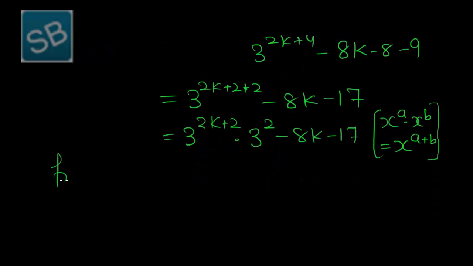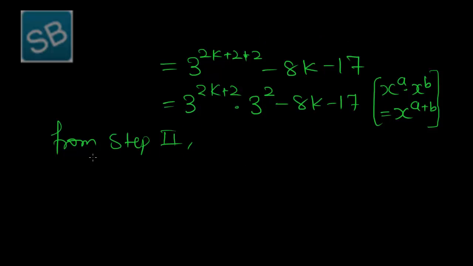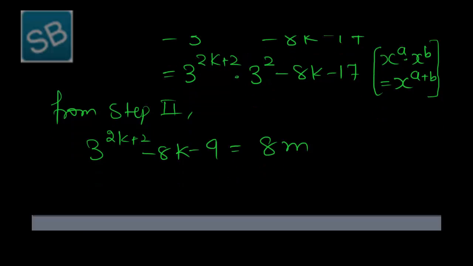So from step 2, we have 3 raised to power 2k plus 2 minus 8k minus 9 is equal to 8m. From here, we will get 3 raised to power 2k plus 2 is equal to 8m plus 8 times k plus 9.